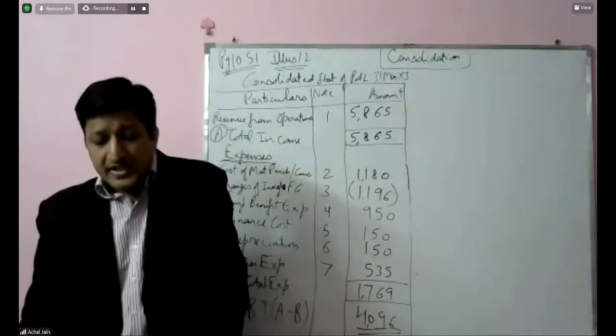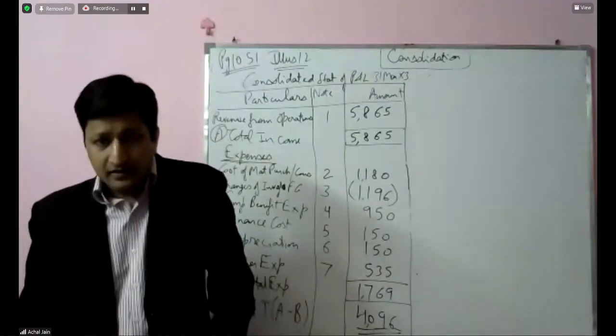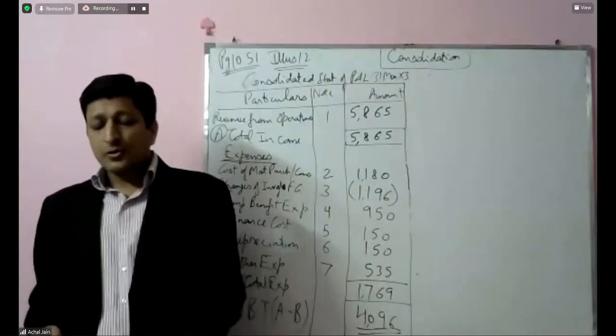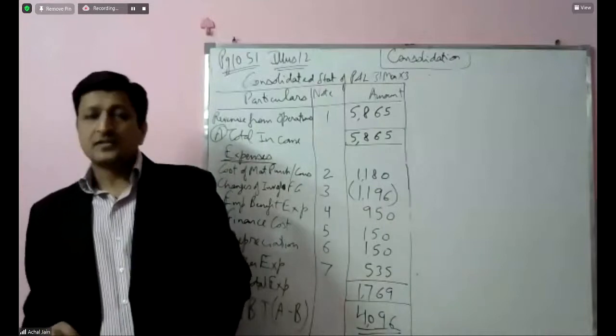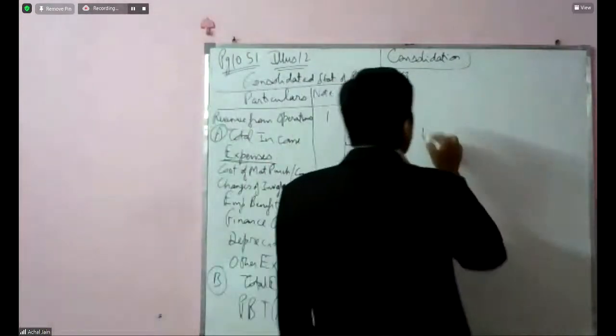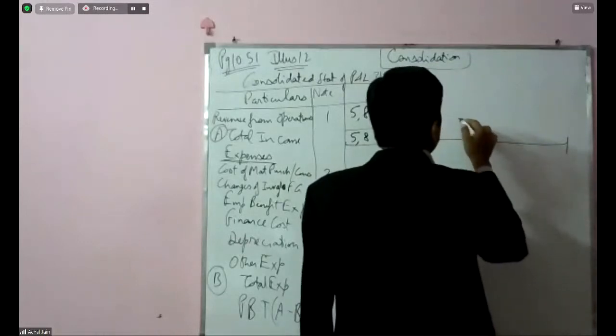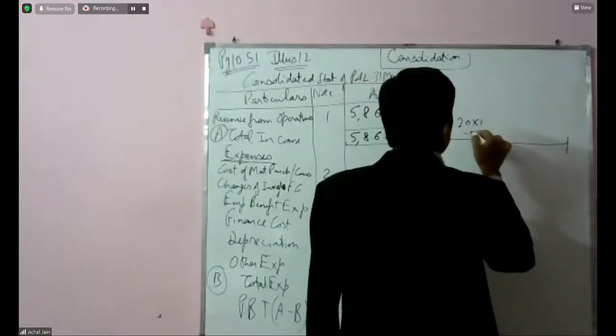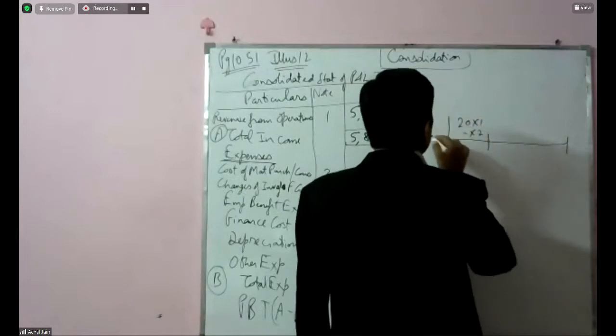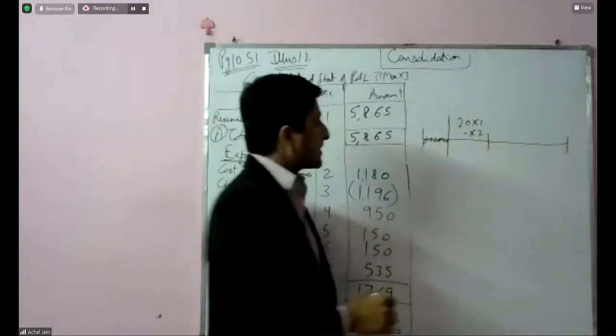Okay, so the question says H Limited held 80% shares of S prior to X1, X2. So let's put down this information over here. So we have X1, X2. This is the period prior to X1, X2.